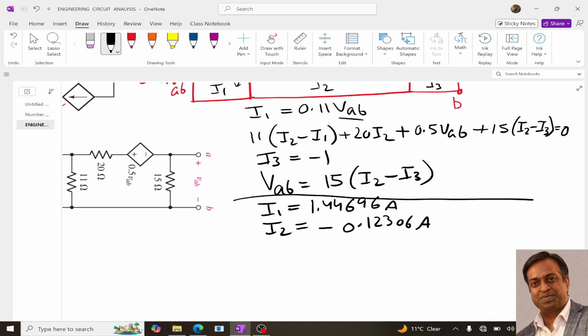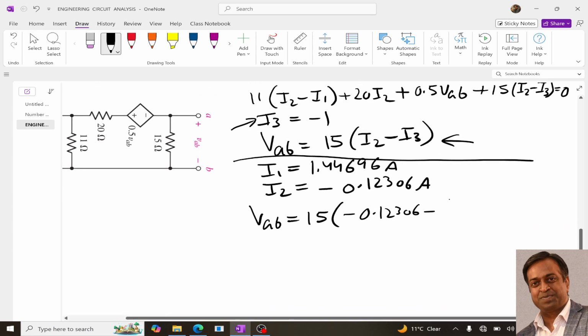So once we get I1 and I2, substituting I2 and I3, which we already have, in this equation, we will get VAB equals 15 times (minus 0.12306 minus I3).